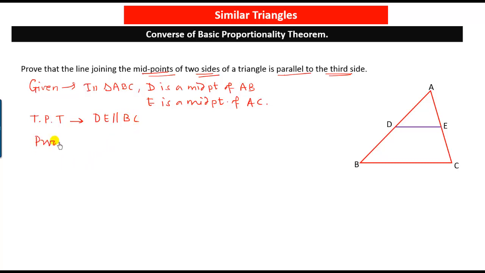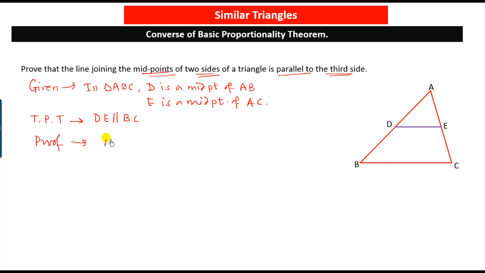So the proof will be: DE parallel to BC, that we have to prove, and here it is given that D is a midpoint of AB and E is a midpoint of AC.